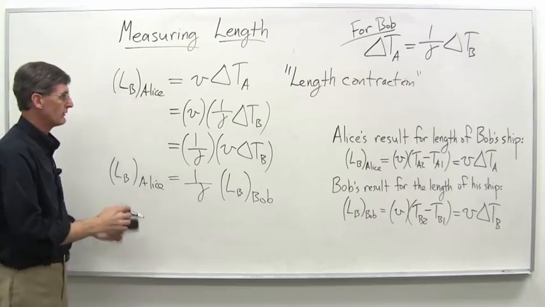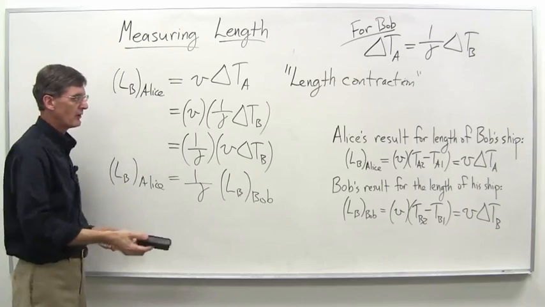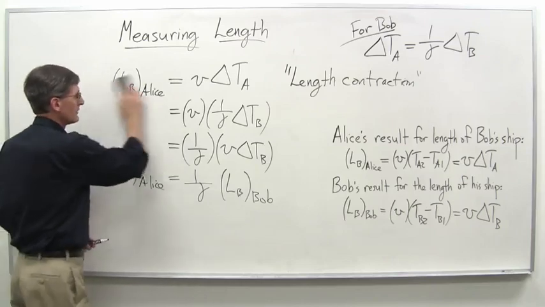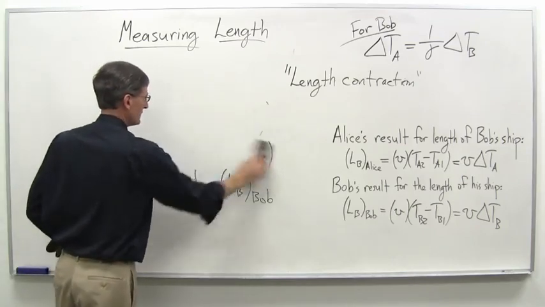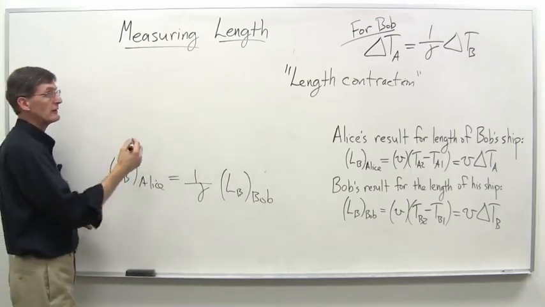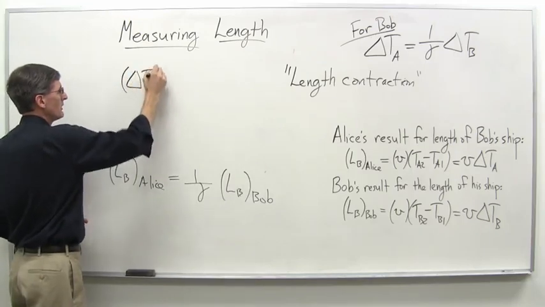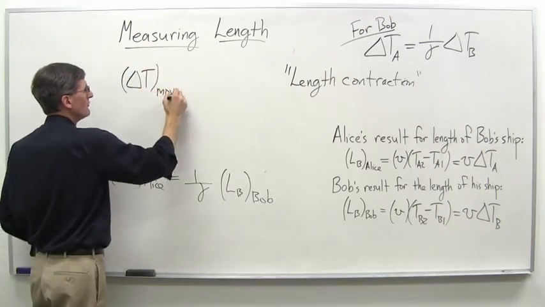So let's write our two equations in general terms here because we've been using Alice and Bob with them. So for the time dilation equation, we have delta t moving.